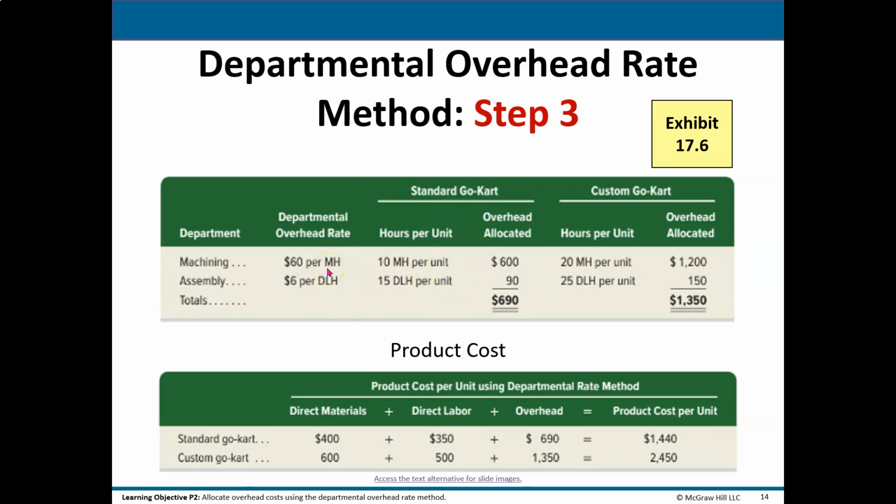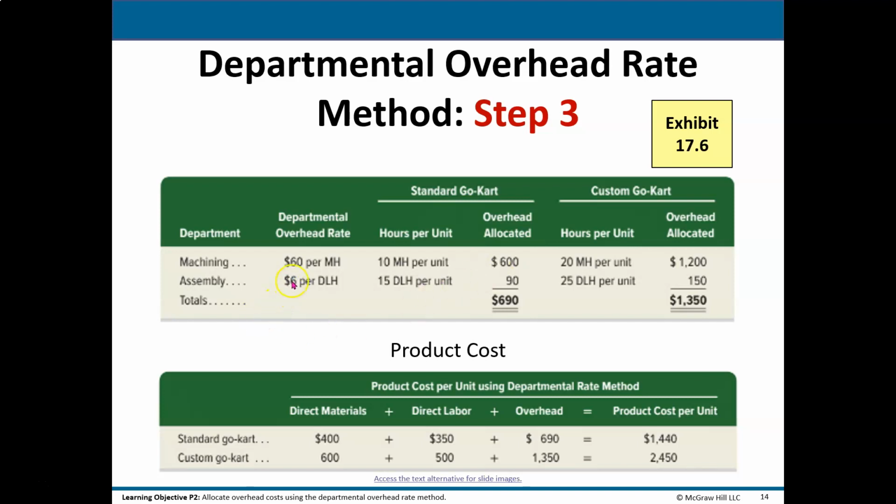Now, departmental overhead rate, $60 per machine hour. Each unit takes 10 machine hours. So the overhead allocated for the standard go-kart in the machining department is $600. Now the standard go-kart will move to the assembly department where everything will be put together.